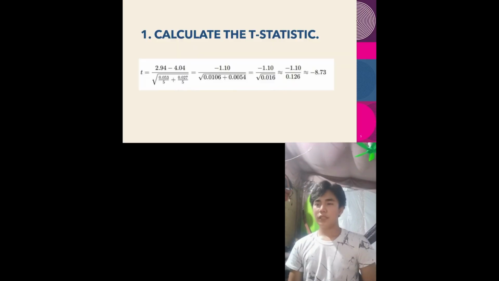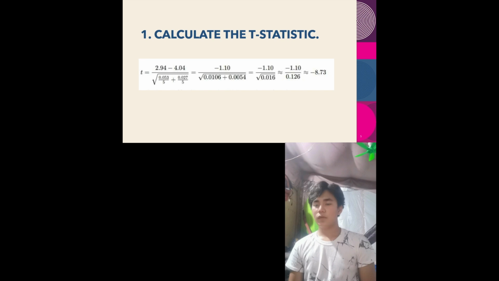The first step would be to calculate the t-statistic. So t is equal to 2.94 minus 4.04 over the square root of 0.053 over 5 plus 0.027 over 5.